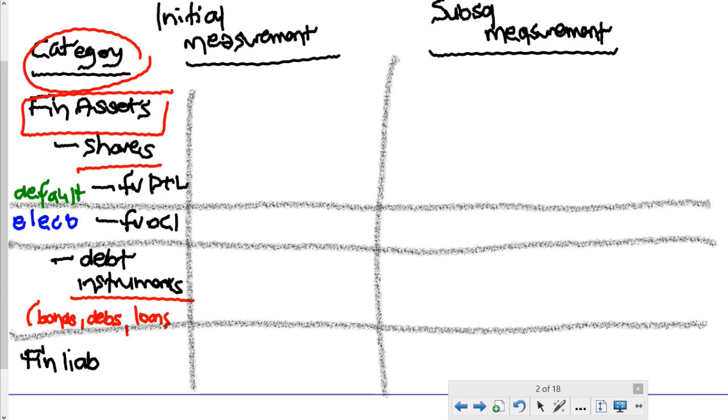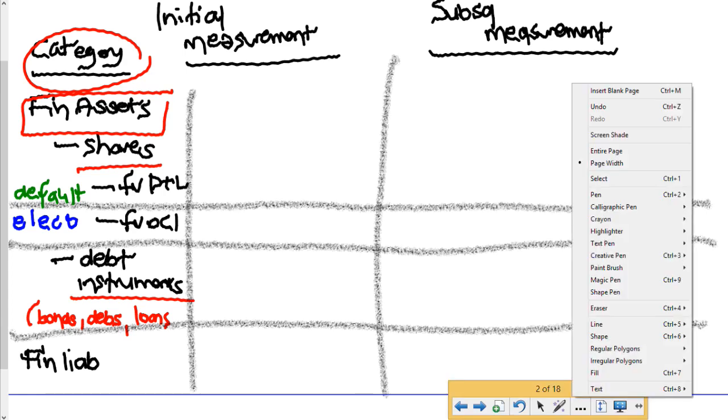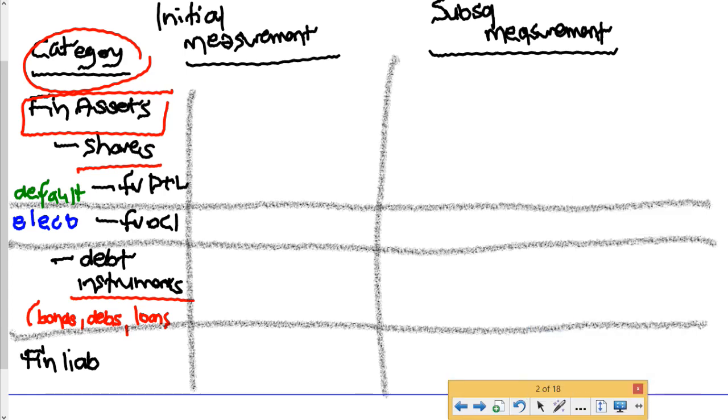The election of fair value through OCI can only happen if it's not held for trading. So if I have shares that are not held for trading, I can elect to carry them at fair value through OCI.